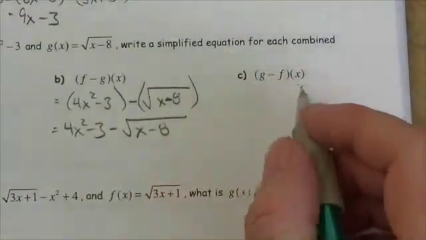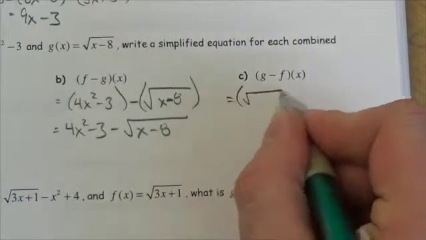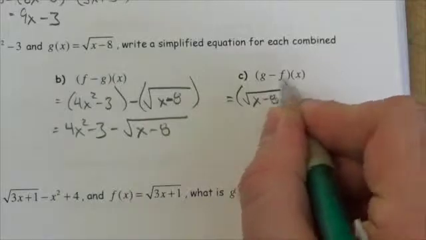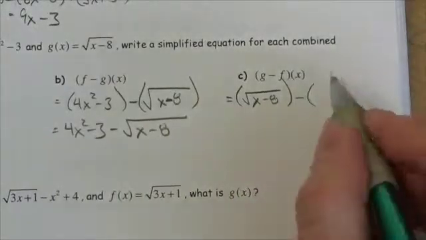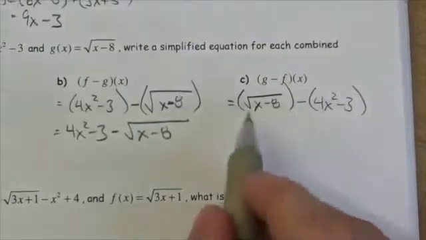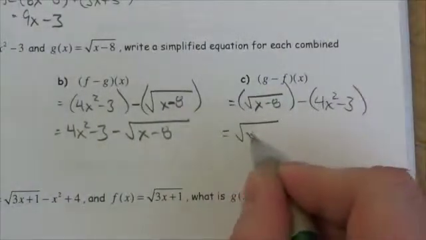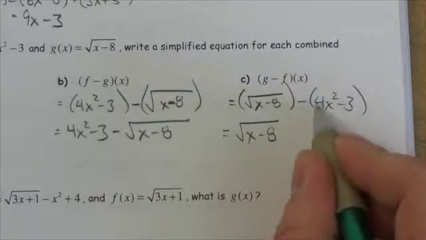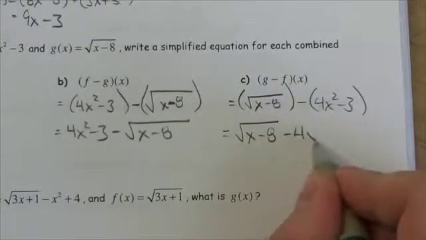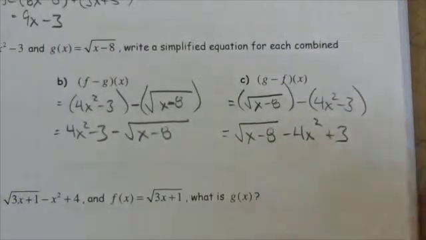This g minus f of x, okay, this is going to be slightly different because we've changed the order. So in parentheses, there's my g of x minus, and again in parentheses, here's my f of x. And in this case, that set of parentheses is actually quite important because when I drop it and we distribute the negative through, when I'm subtracting that negative 3, I have to let that become plus 3.